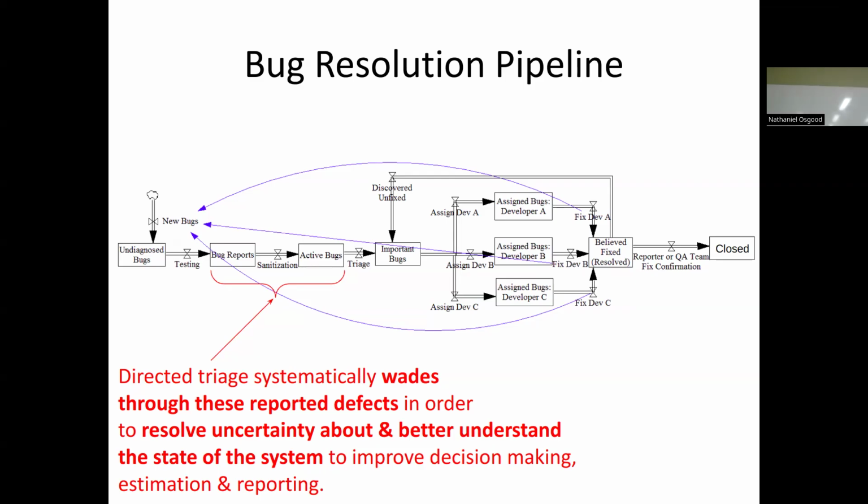How bad is the defect situation? By looking at those defects and sanitizing them, that's a lot of it. And with the active bugs, figuring out how serious they are, how hard it is going to be, how risky it is going to be to fix. And figuring out basically what the quality situation is.